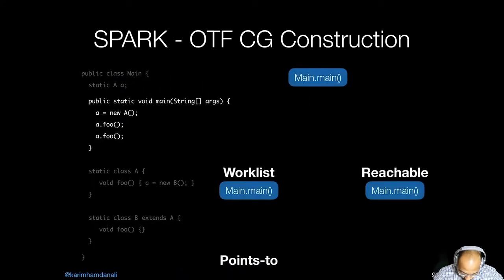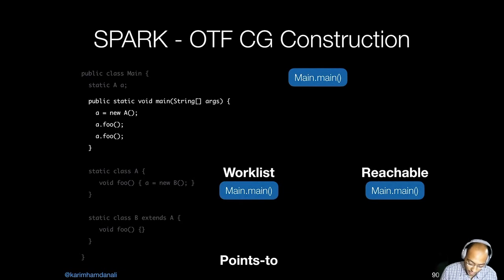So, first step is pretty easy. I'm giving it away. We're going to start with the main method. It's going to be our entry point. We have a work list. You add your main method to the work list. You add the main method to the set of reachable methods. And down here, I'm going to have the points-to sets, any points-to sets that I care about. So I'm going to resolve my main method.